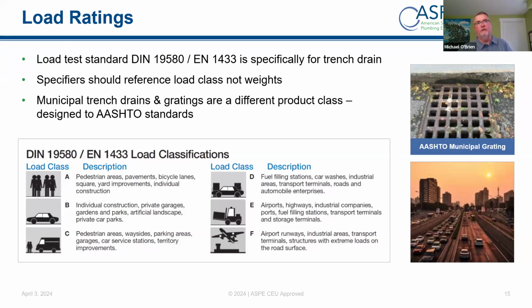Now all of these load classifications are based on this one here, the DIN 19580. The test is a static load, so it's strictly straight down, and you typically see a very significant weight rating with it. The one for interiors is based on a dynamic load, so there could be other forces acting on it.